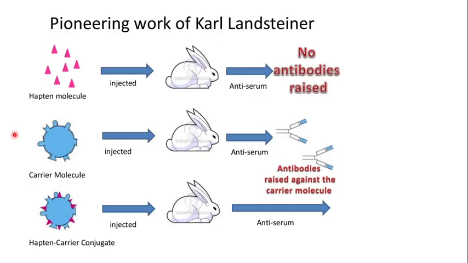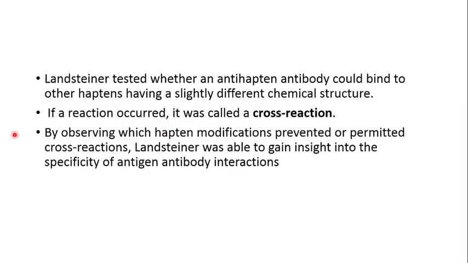We have already discussed this in the PPTs. Landsteiner tested whether an anti-hapten antibody could bind to other haptens that have a slightly different chemical structure. He took a hapten carrier conjugate and injected it into a rabbit. Then some anti-hapten antibody was produced in the rabbit.